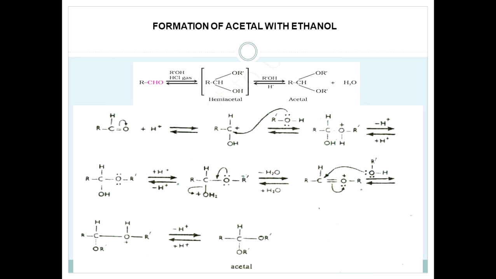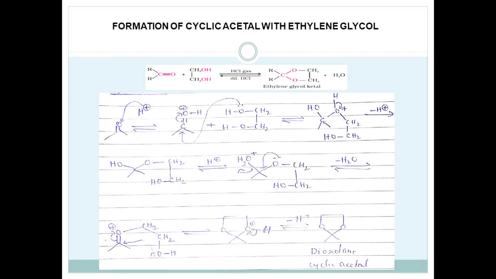In this mechanism, the formation of cyclic acetal takes place with ethylene glycol. The cyclic ketals are obtained by the reaction of ethylene glycol in the presence of acid, that is para-toluenesulfonic acid. So what does the mechanism say?